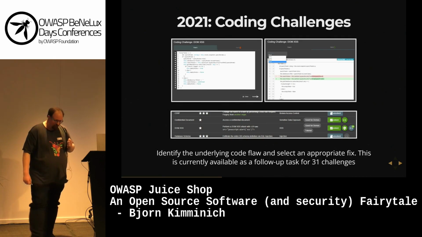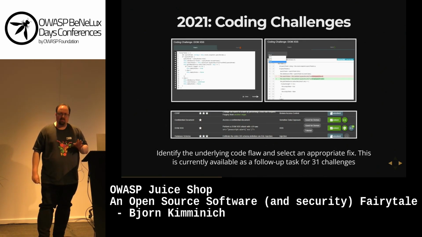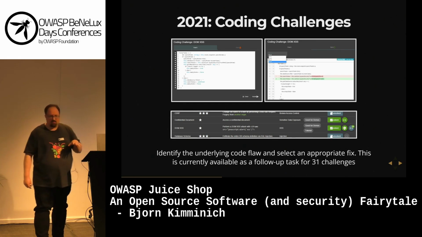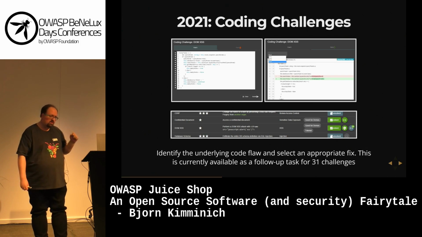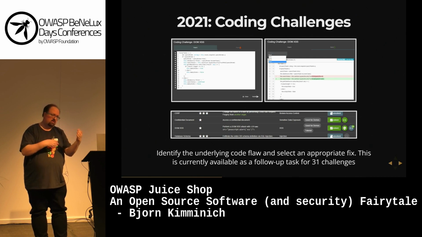2021, we added something completely new to the Juice Shop, which is the coding challenges. They work like this. Some of the hacking challenges, when you solve them, enable an additional button on the scoreboard, and when you click it, you get the actual code snippet from the Juice Shop shown that is responsible for the vulnerability that you just exploited.